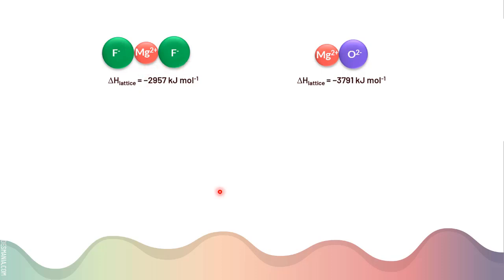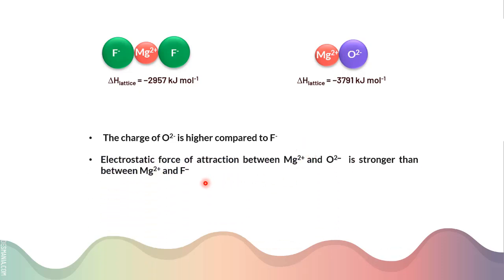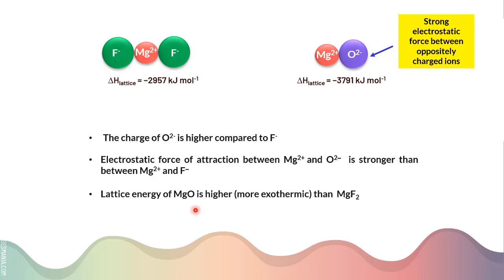The charge of oxide ion is higher compared to fluoride ion. The electrostatic force of attraction between magnesium ion and oxide ion is stronger than between magnesium ion and fluoride ion. In other words, magnesium oxide has a stronger ionic bond than magnesium fluoride. Thus, the lattice energy of magnesium oxide is higher, or more exothermic, than magnesium fluoride.